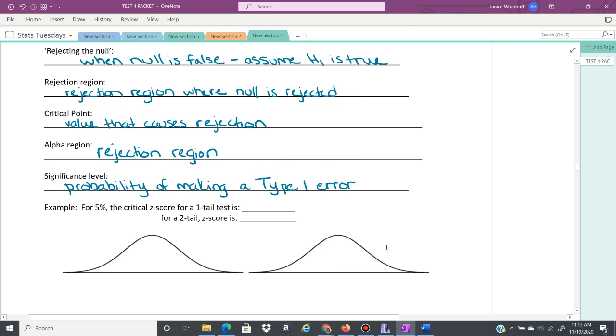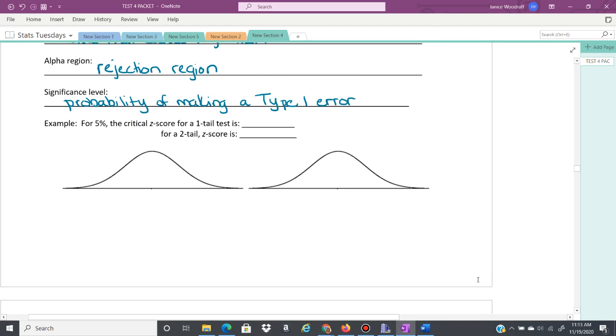Okay, so let's look at this. So for example, for 5%, the critical z-score for a one-tailed test is what? And for a two-tailed test is what? Okay, so let's look at one tail first. So let's just say this is left-tailed, all right? If it is a left-tailed test, then that means that in the rejection region, I have 0.05, so an area of 0.05.